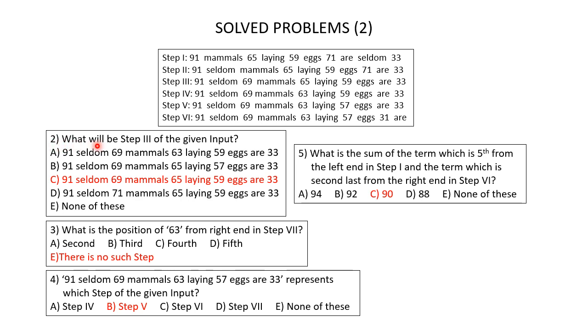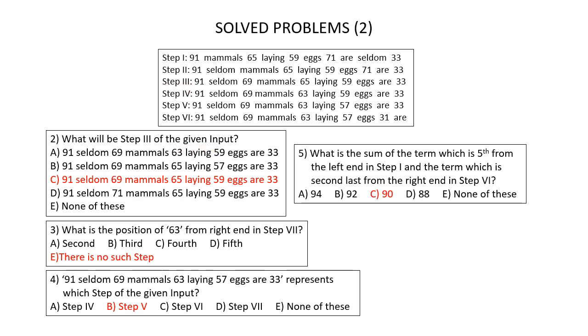Question number 2. What will be step 3 of the given input? You're given 5 options here and you have to find out which of these options is the correct one. So here you're asked to find what will be step 3 of the given input.